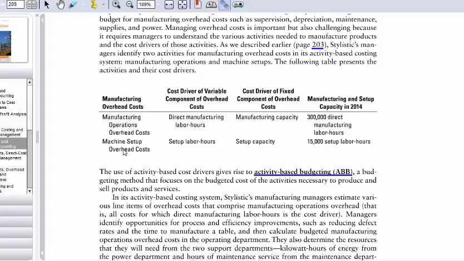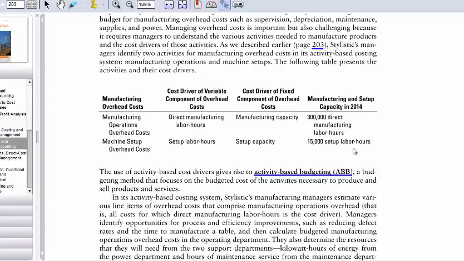All right, so again, cost pools, activity-based costing, go back and review it if you need to. Same type of scenario holds true with these manufacturing operations. If the casual one takes less direct labor than the deluxe model, then the casual model is going to have less of the $9 million allocated to them.